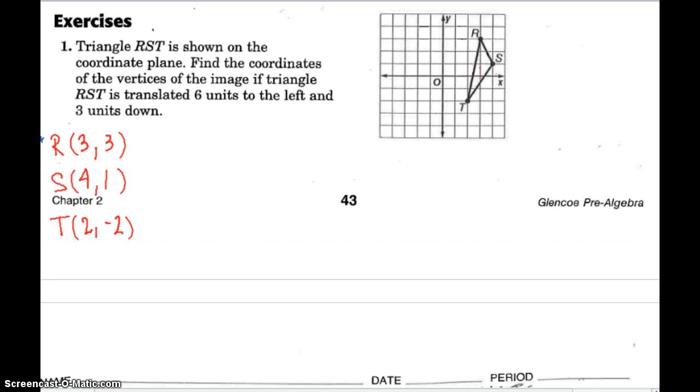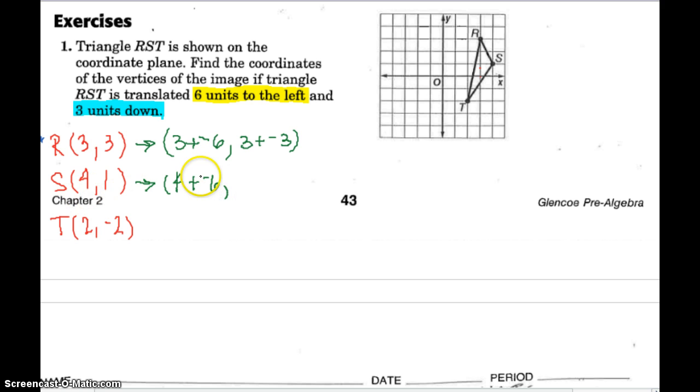And what did our instructions say? We're going to translate this 6 units to the left, which means what, James? We're going to go left negatively, right? And 3 units down, which means what, Abby? Down. Down's going to be negative. Okay, so pay attention to whether you're going up or down, left or right. So you take the original x and you have to go to the left 6.